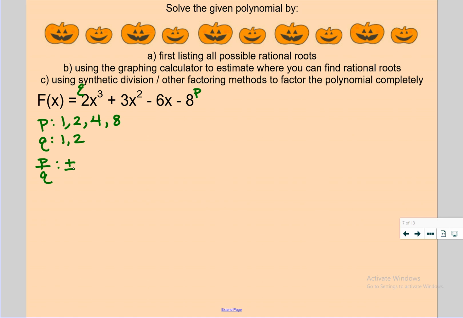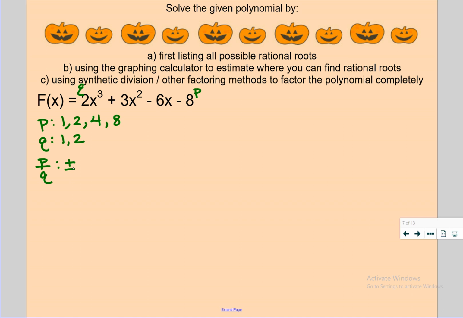I'm just going to take my first P and divide it by all the Q's, and then my next P and divide it by all the Q's, just so I don't miss anybody. If something happens more than once after you reduce the fractions, you do not have to list it more than once, as long as it's in the list somewhere already.